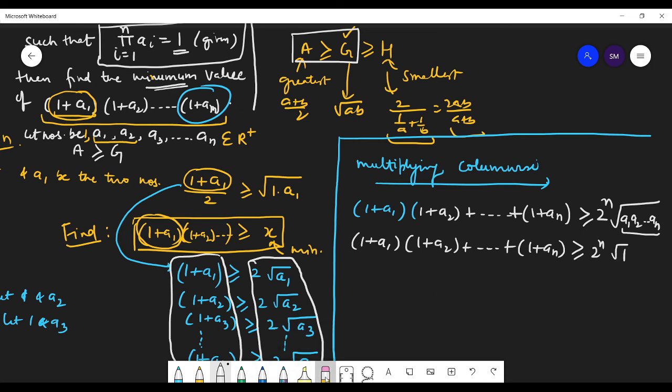What is under the root 1? 1. So this is what you are searching for. So the minimum value is 2 raised to the power n. So that's your minimum value of the expression.